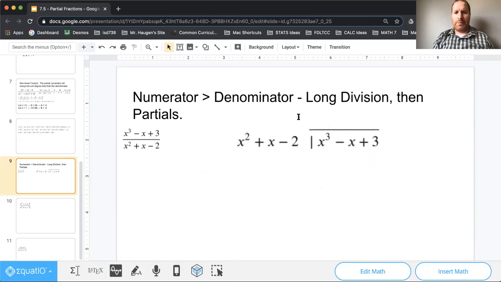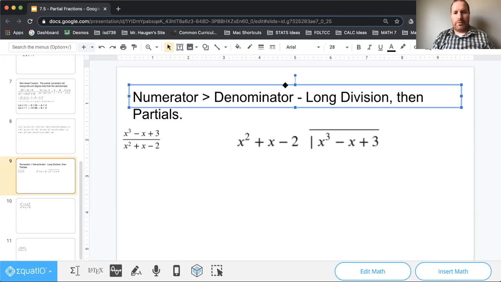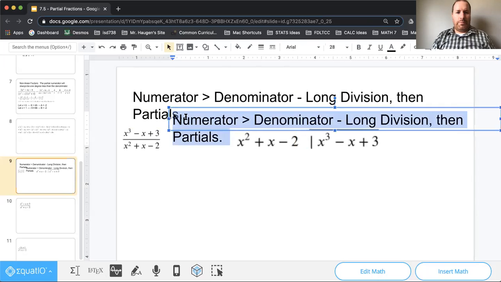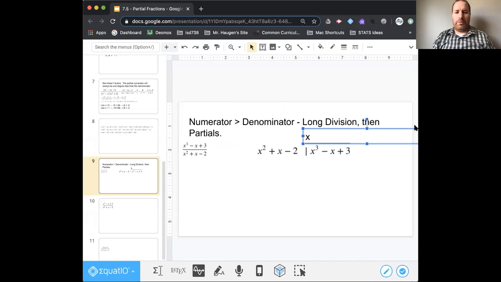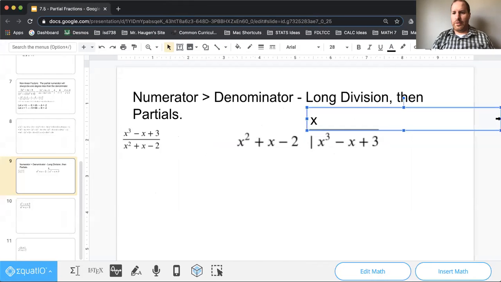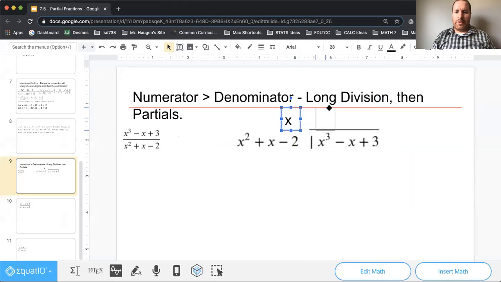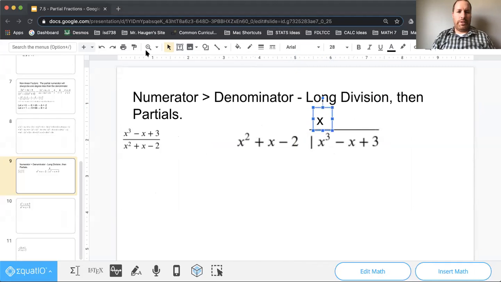But again, we put our stuff up top, we multiply it down below, and then we subtract those values. To start out with long division, we need something times x squared that equals x cubed, which is basically x, right? That's a pretty easy one to put in here. Let's make this color coordinated, so if you're doing this long division it can work a little easier for you.